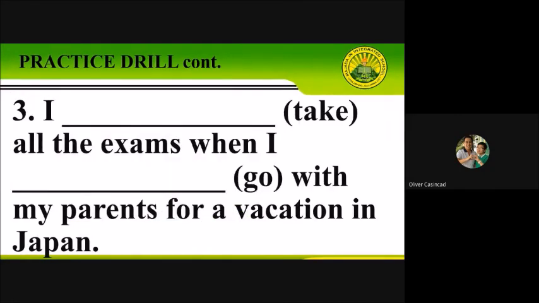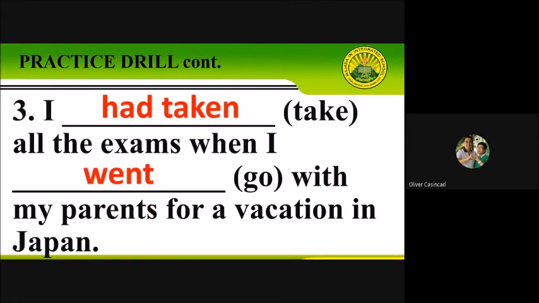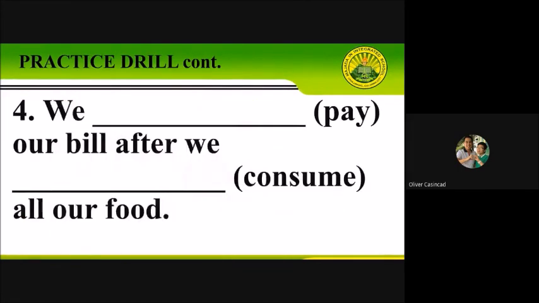Next, two actions, take, go. Which of the two happened first? You have had taken, because the first action is take. Then you have there went. Next, number four. The actions are pay, consume. Which of the two happened first?